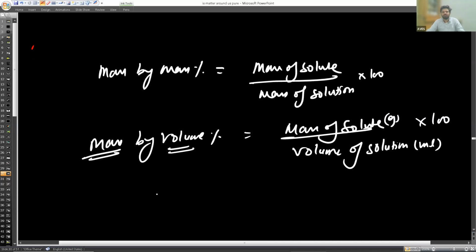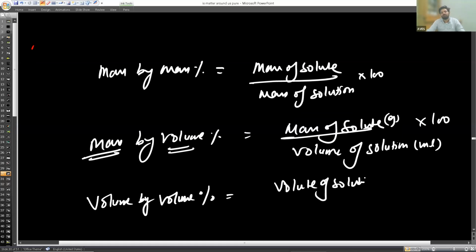And the third one is volume by volume percentage. That is very simple. Like this is mass by mass, so the volume of solute divided by volume of solution into 100. Note it down, everyone.